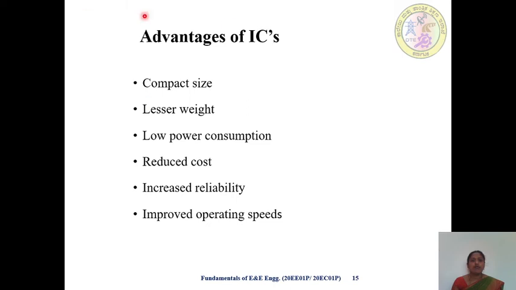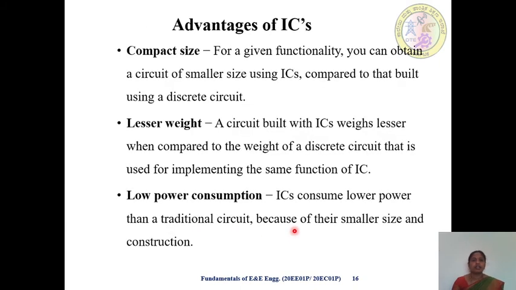Next, the advantages of ICs. The advantages of ICs are compact size, lesser weight, low power consumption, reduced cost, increased reliability, improved operating speeds. Now we will see the description of the advantages of ICs.